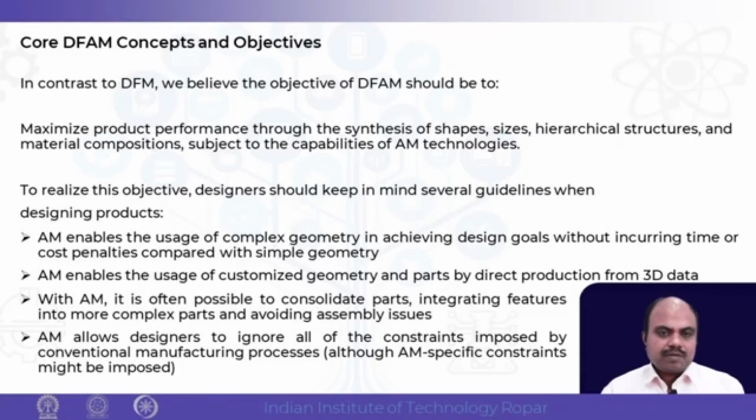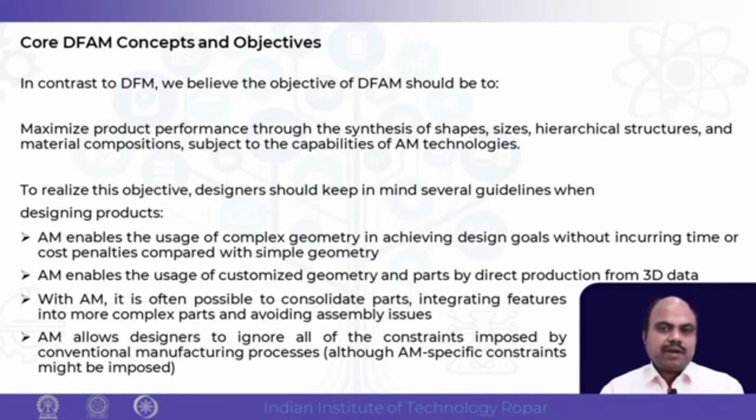So it is often possible to consolidate parts. We'll see how multiple parts can be consolidated into one, which means that a component which may have been made using multiple parts in traditional manufacturing process, because that was easier, because casting was easier. So we cast different components, machine some portion of it, assemble it, and then you make.